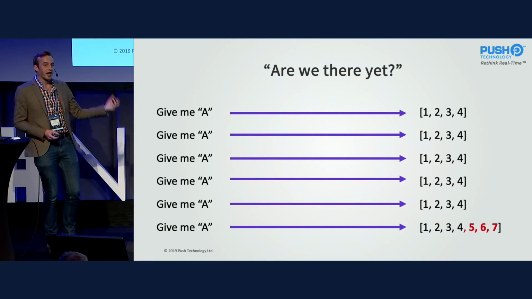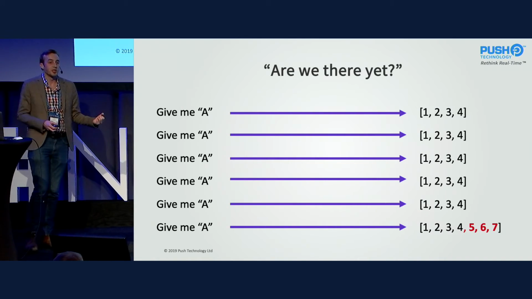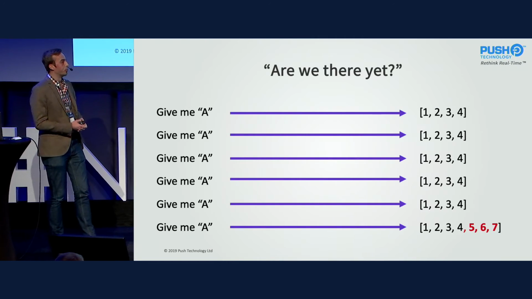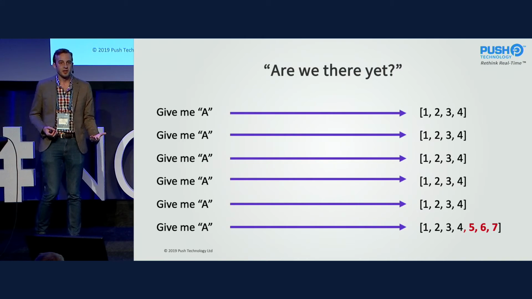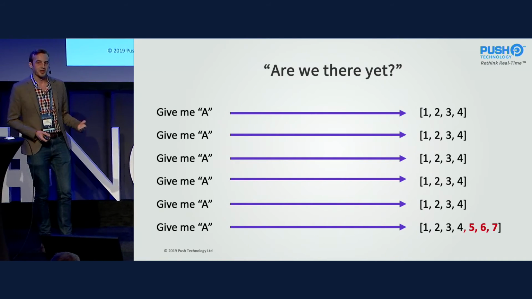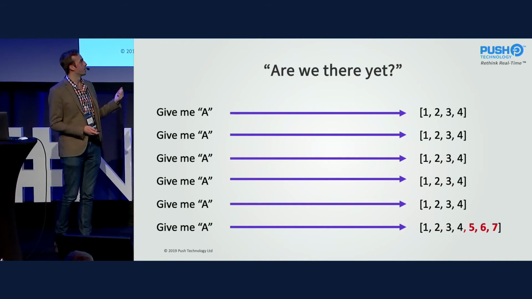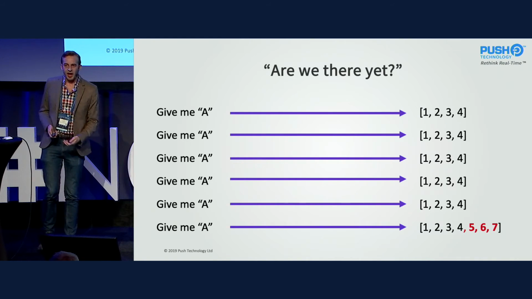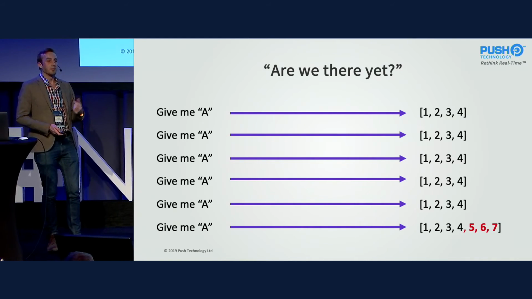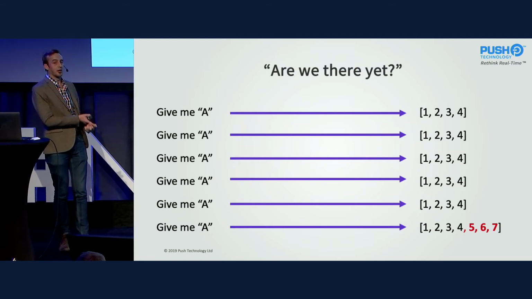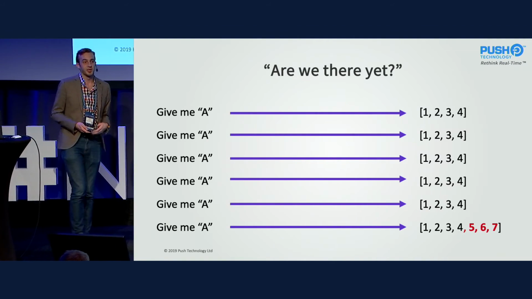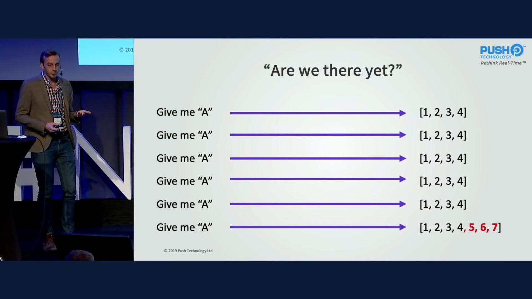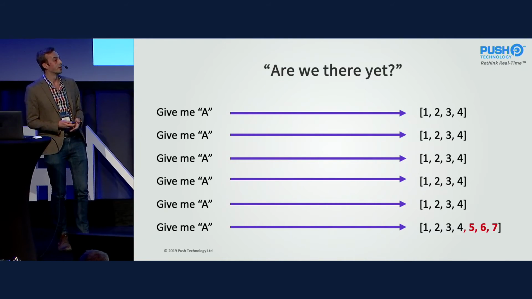Because we're relying on clients being the ones responsible for when to ask for more data, even if nothing's actually changed, we're still incurring the cost of every single request that comes in. And even then, the changes might be minor, but we've paid the bandwidth and the processing overhead of all the subsequent requests that came in before then.